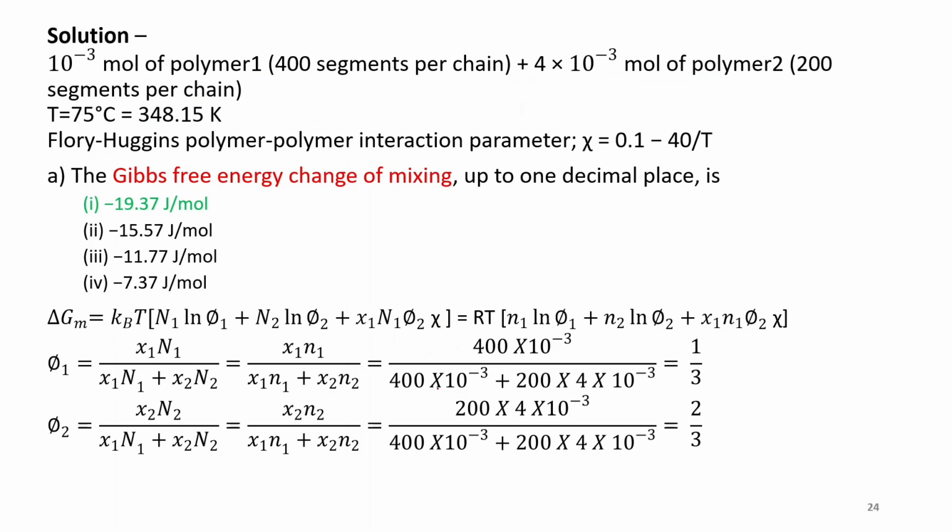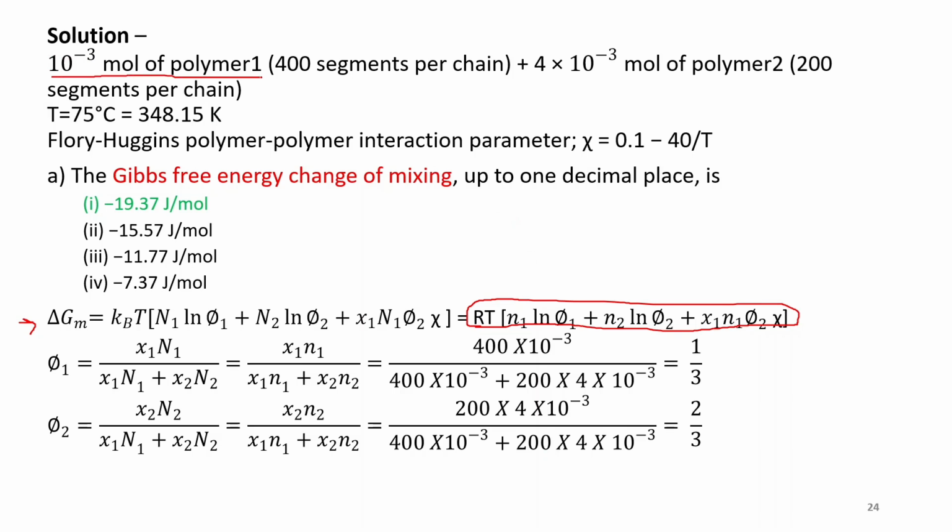For calculating the Gibbs free energy change of mixing, we have this formula: delta G mix equals RT times N1 ln phi 1 plus N2 ln phi 2 plus x1 N1 phi 2 into chi. We know the value of R, we know the value of T. N1, the moles of polymer 1, is given as 10 to the power minus 3.